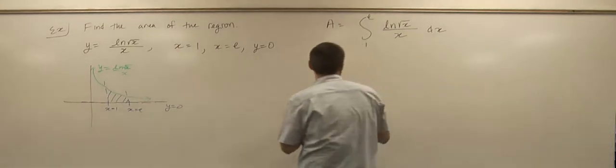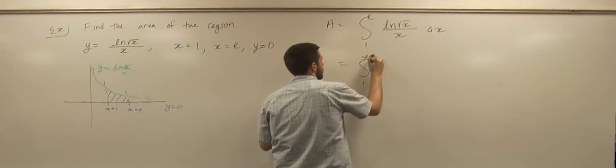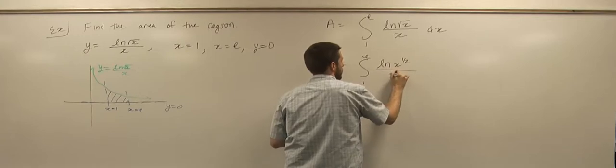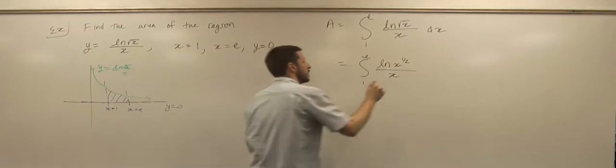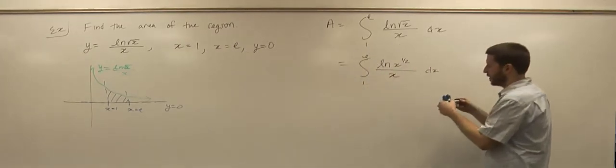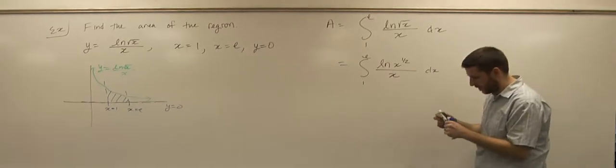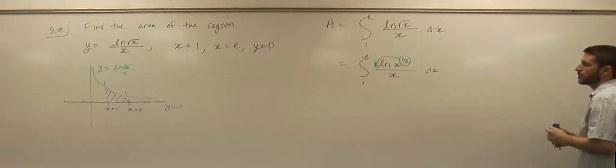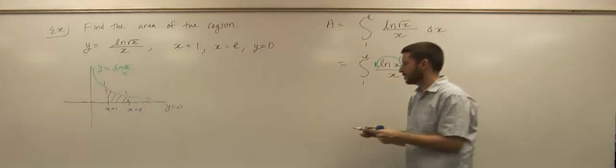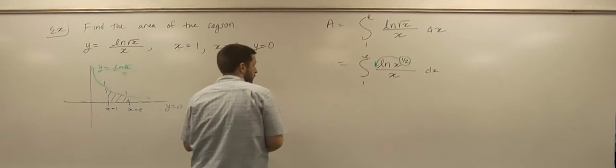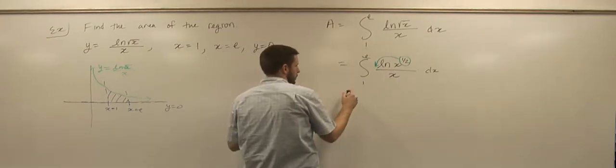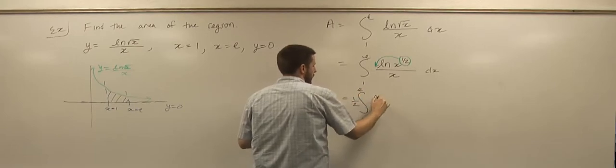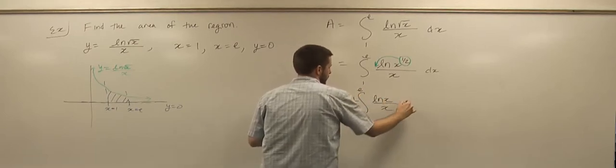So we can change this to ln of x to the 1/2, and then this 1/2 is going to come down in front, which will then just get pulled out of the integral. Out front, ln x over x.